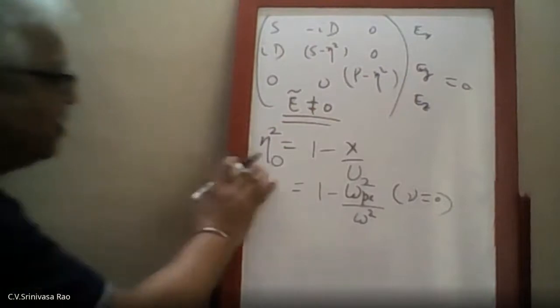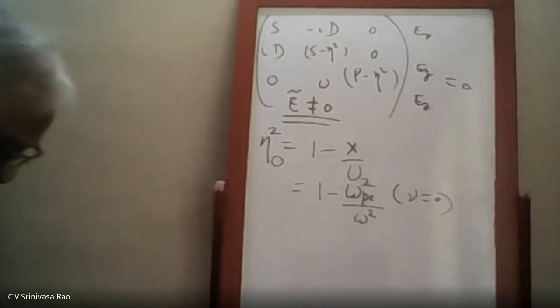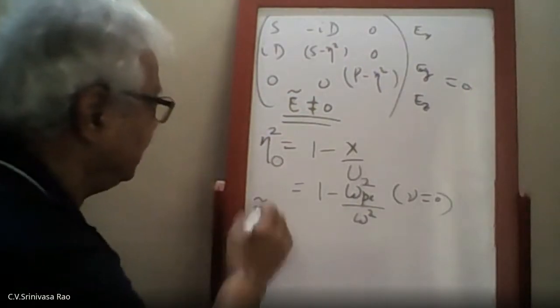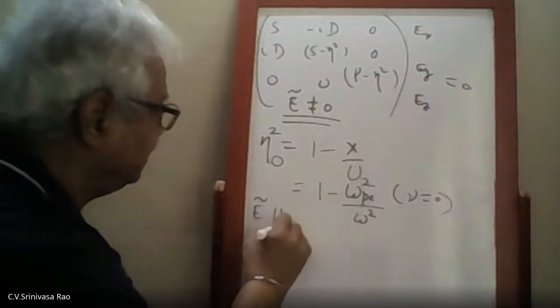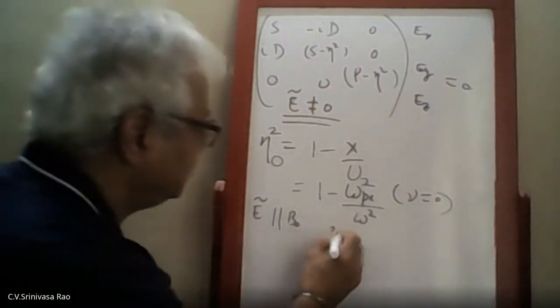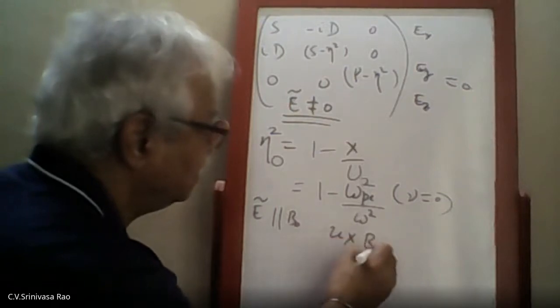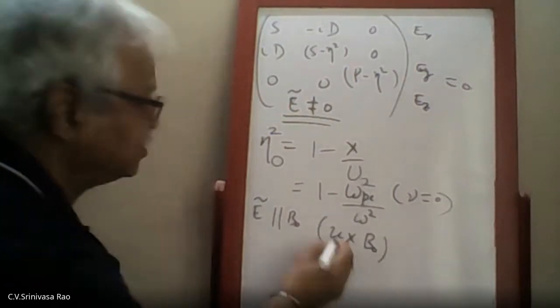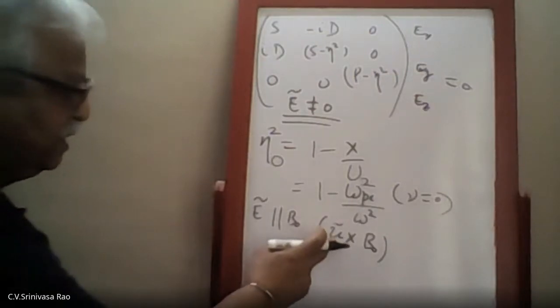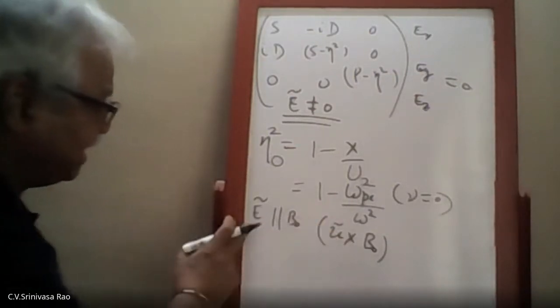So this is called ordinary mode because, see, what is happening is now E tilde is actually parallel to the magnetic field, which means in this quantity, if you take the tilde part of u velocity, that will get influenced by the electric field.